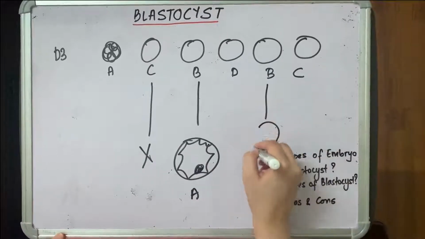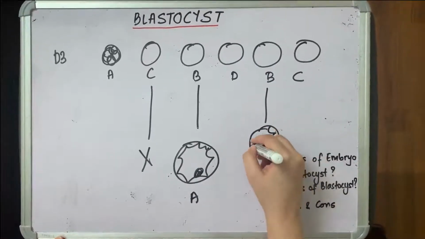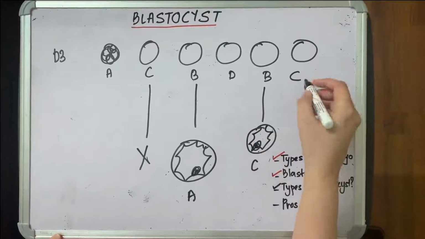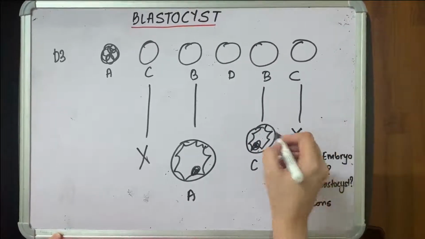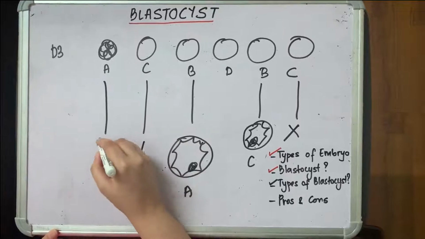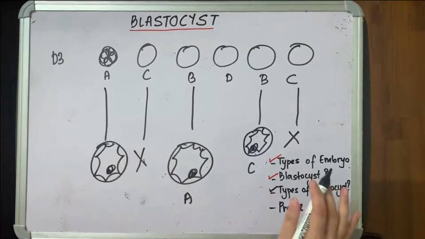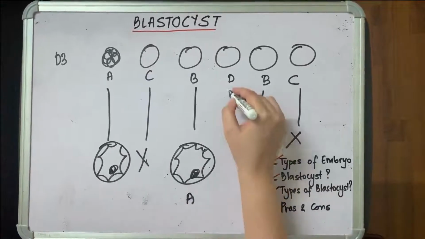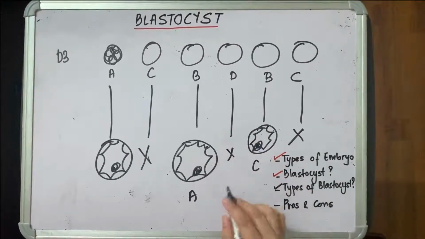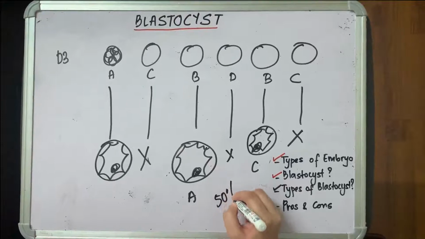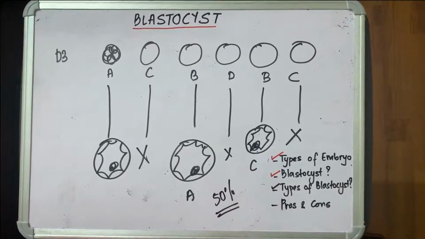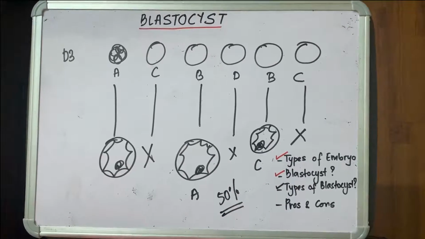This may form a blast, but it is a C grade blast. This may again not form, and this may form a blast. So if you see, out of 6, 3 have formed and 3 haven't. That's a 50% probability of blastulation, which is what is realistic.